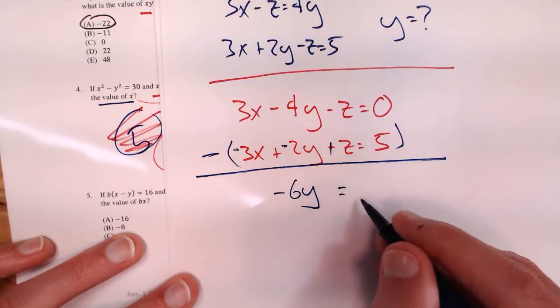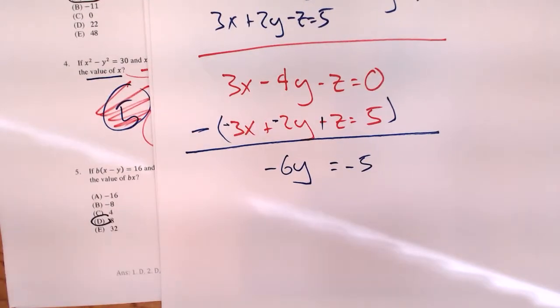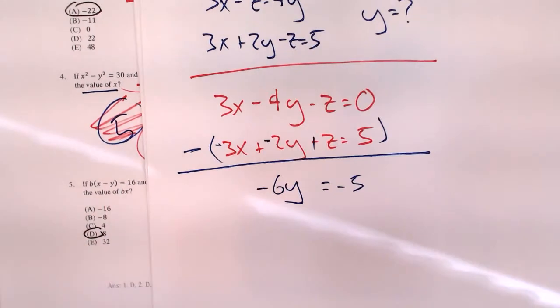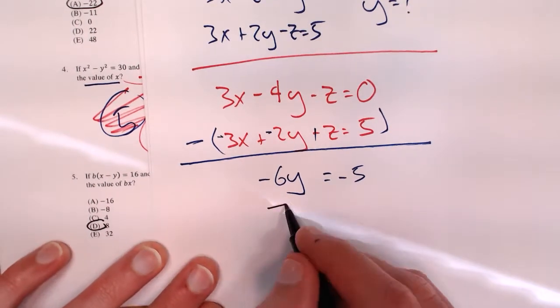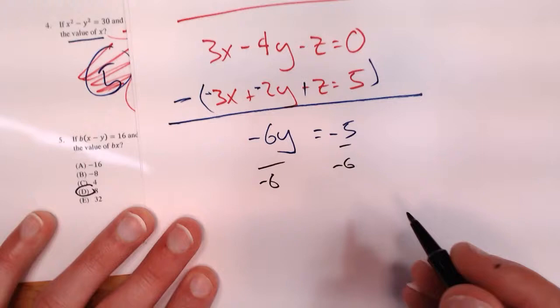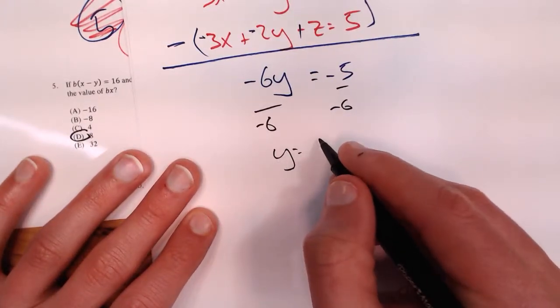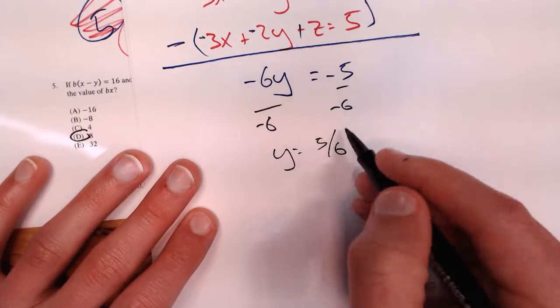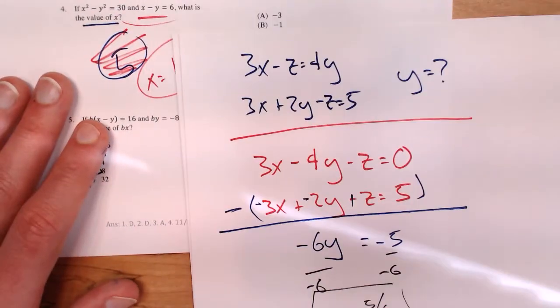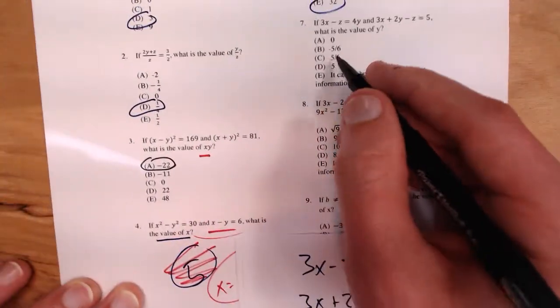And now I get equals negative 5. If that trick hadn't worked, if only one thing had canceled, this problem would not be solvable and the answer would be E. But because it worked, this problem is solvable, and we're almost there actually. All I'm going to do is divide both sides by negative 6, and I'll get y equals 5/6, because the two minus signs cancel. Okay, is that an answer? It is. It's answer choice C.